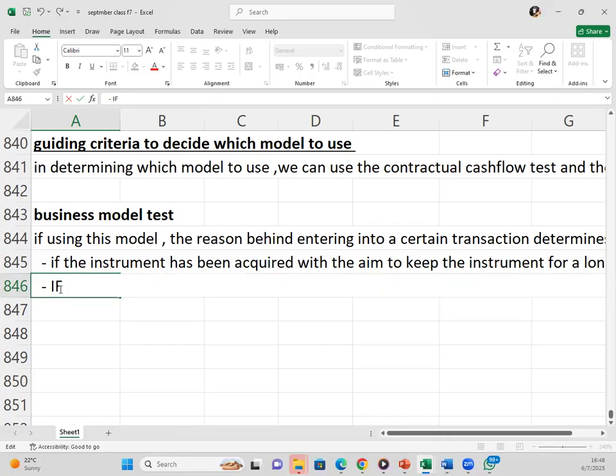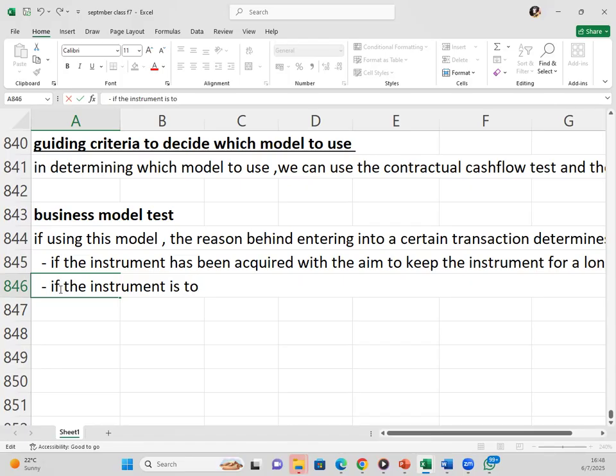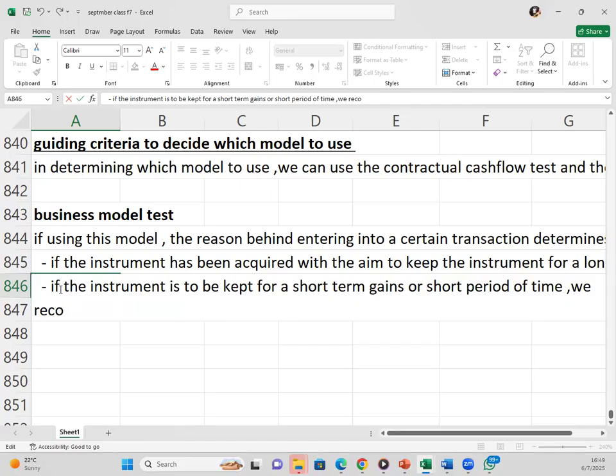If the instrument is to be kept for a short period of time, or for short-term gains, we recognize the instrument as an investment at fair value through profit and loss.